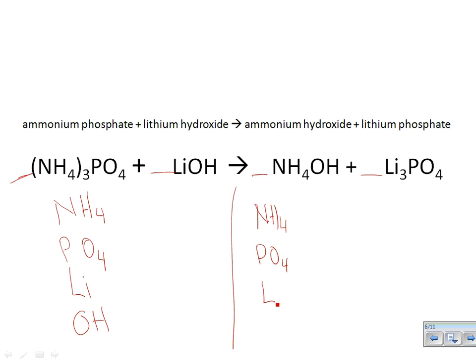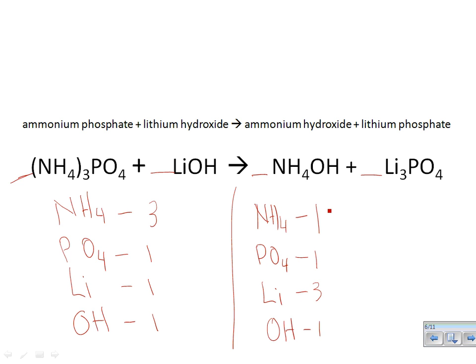Okay, same idea. We're counting, but in this instance, instead of counting atoms, we are counting ions. Over here we have 3 ammonium, 1 phosphate, 1 lithium, 1 hydroxide. And on this side we have 1 ammonium, 1 phosphate, 3 lithium, and 1 hydroxide. We have to change ammonium from here to here.